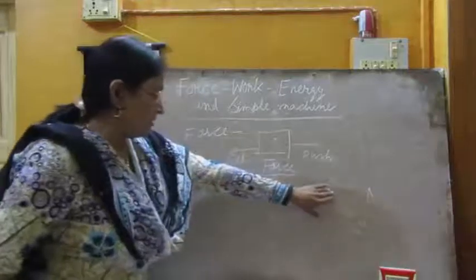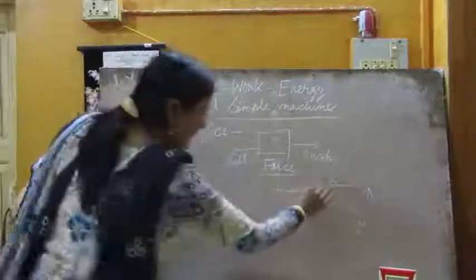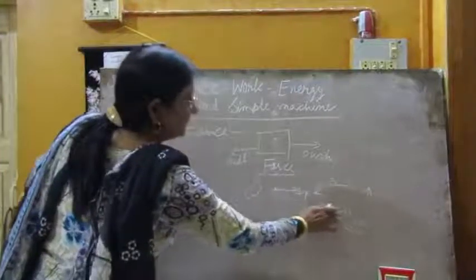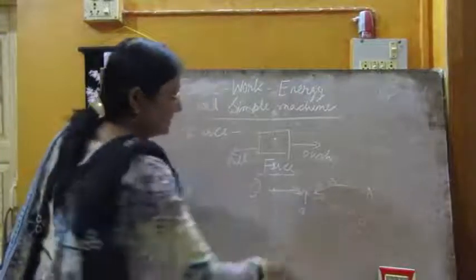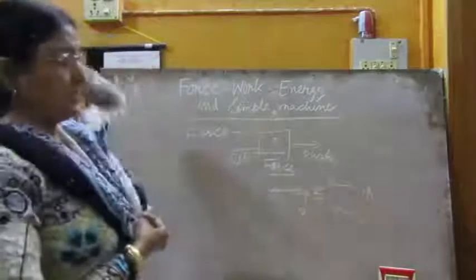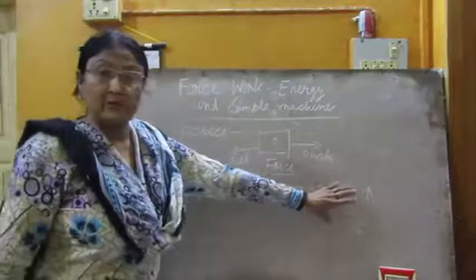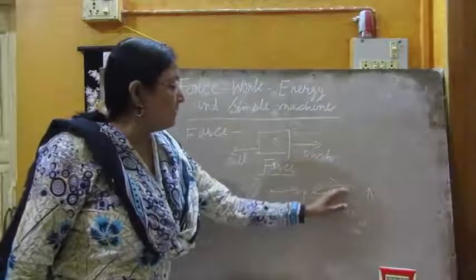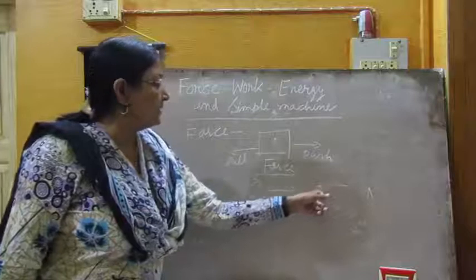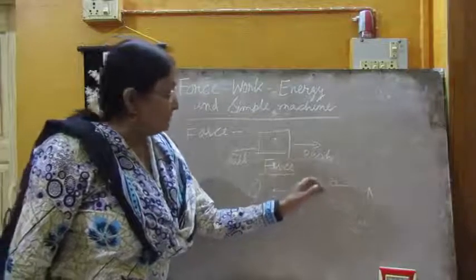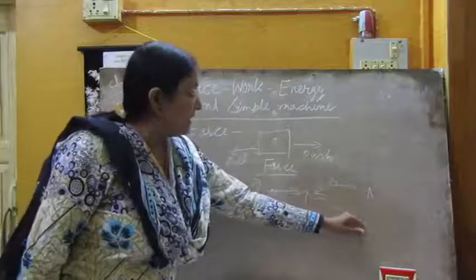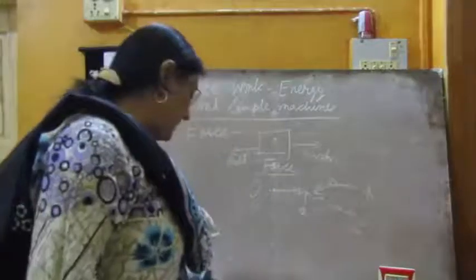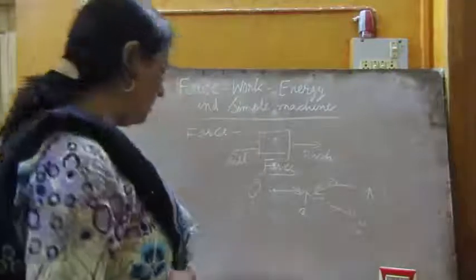So the ball's direction at first was this side, but the batsman hitting the ball makes it change direction. What did the batsman apply? Force. So force can change the direction of a moving object. The ball is coming, it's a moving object, and force can change its direction. And force can also change the speed of a moving object.